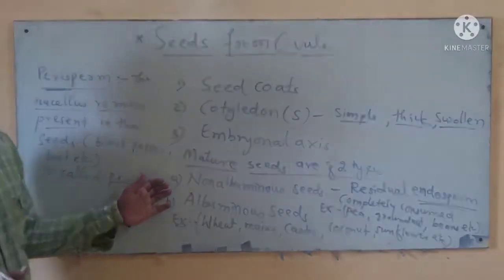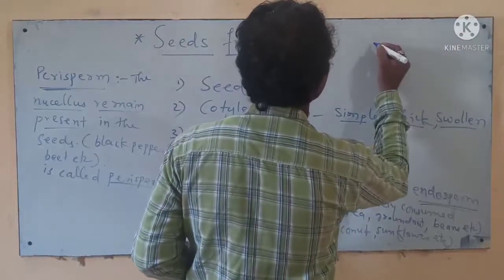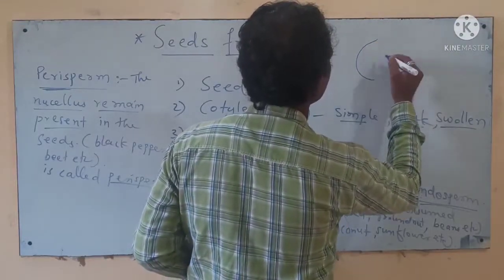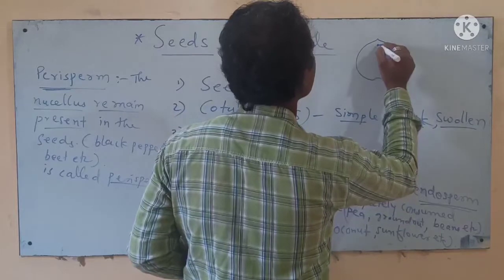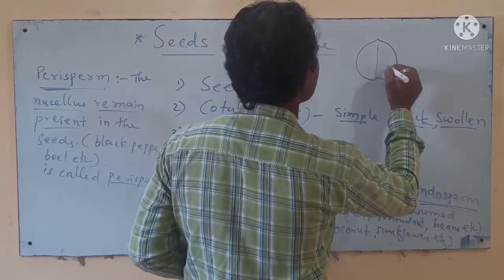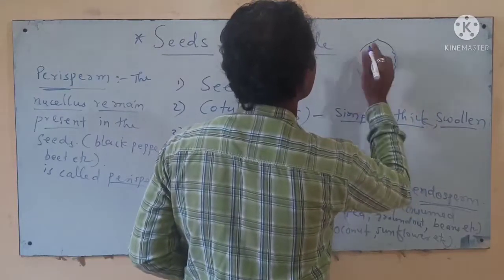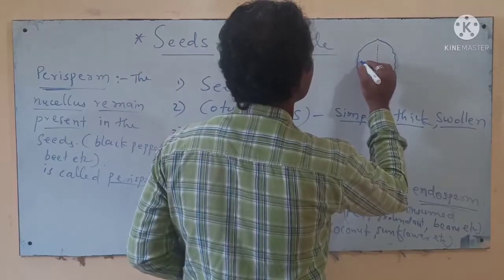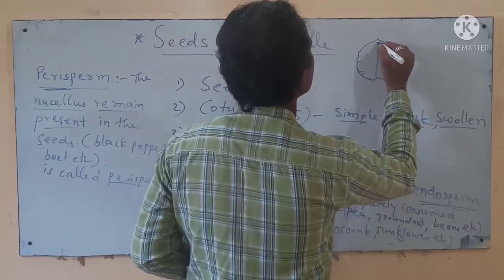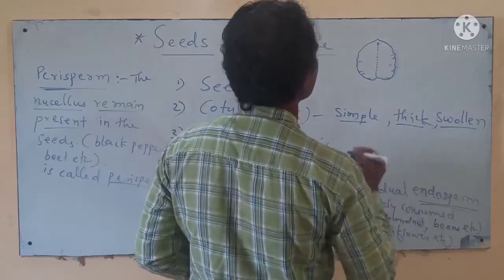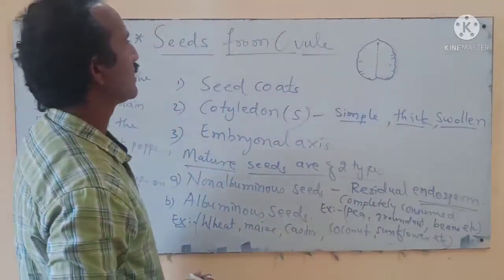It has a small pore, so we can observe the gram seed. Here you can observe the gram seeds.